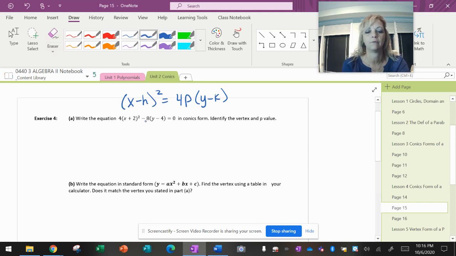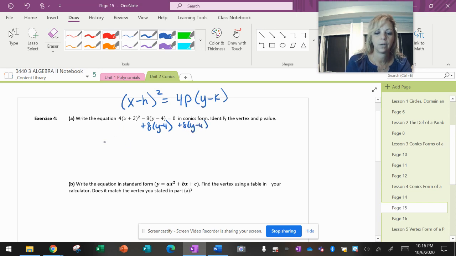I would get rid of that -8 times (y minus 4). And it's basically subtracting, right? So I would do the opposite. I would add, right? I'm going to literally add the whole thing to the other side.